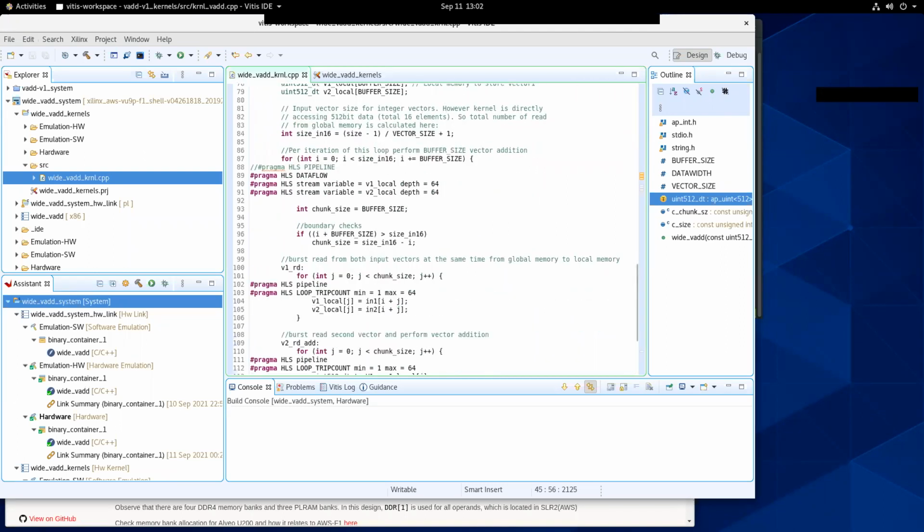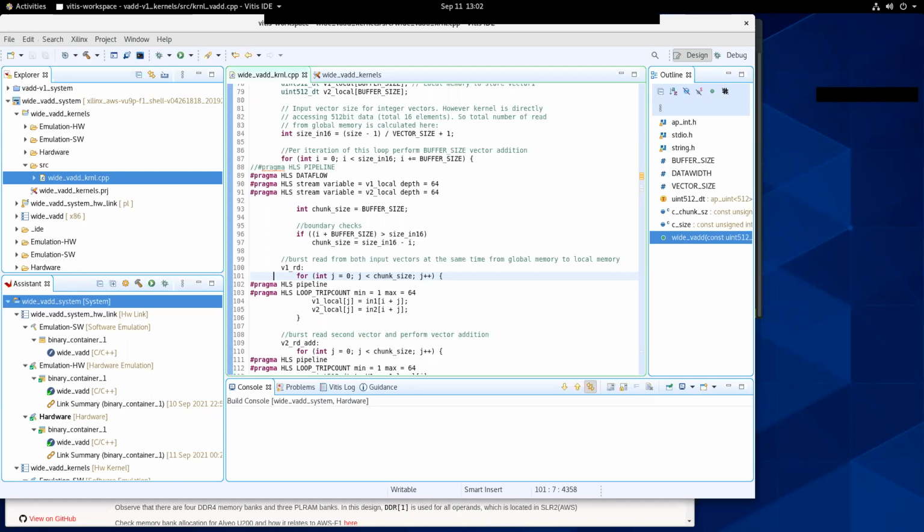And so on line number 100, you will see a loop, 101 to 106. In this loop, you are essentially reading the data from the FPGA global memory to the local memory. And we will be fetching data.